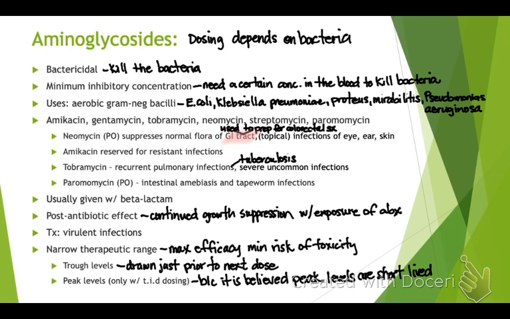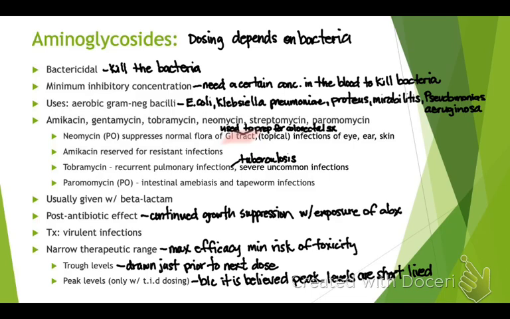Okay, so we're going to start off with your aminoglycosides. And before we get started with this antibiotic class, I want to go over some things. The first thing I want to go over is the post-antibiotic effect, or your PAE.